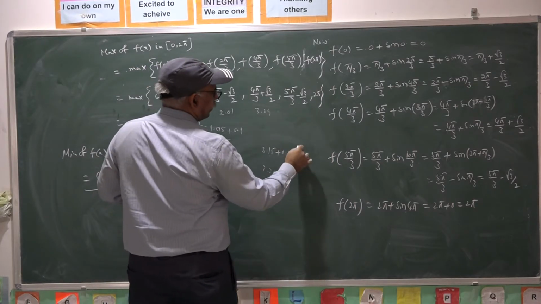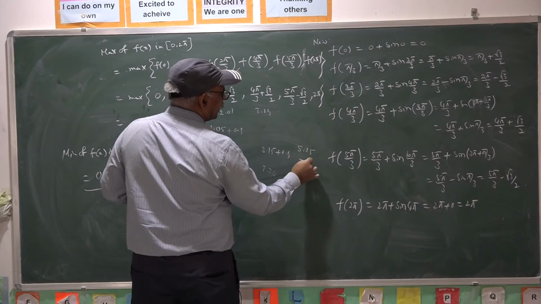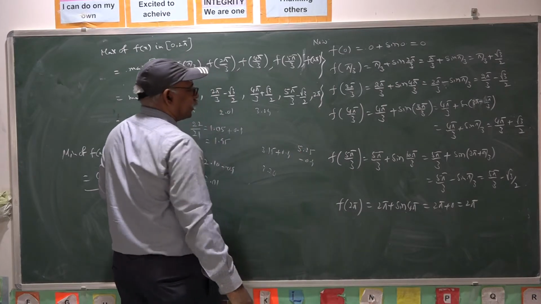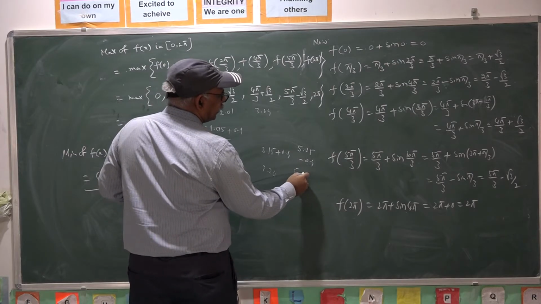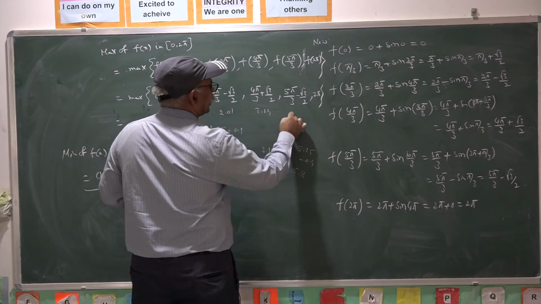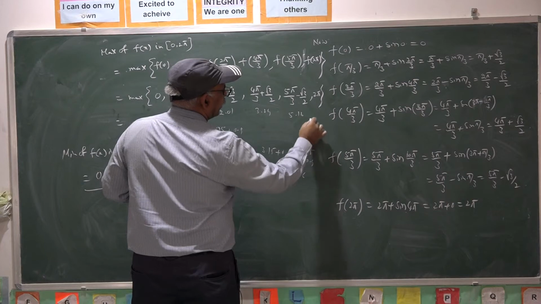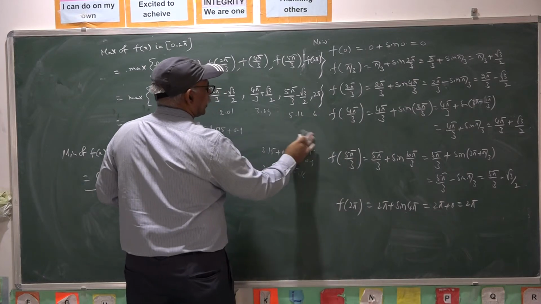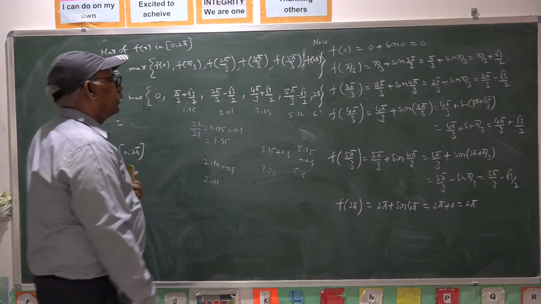5 into pi by 3 is 5.25 minus 0.9, so this is 5.16. This is 44 by 7, nearly above 6, 6.3 nearly.